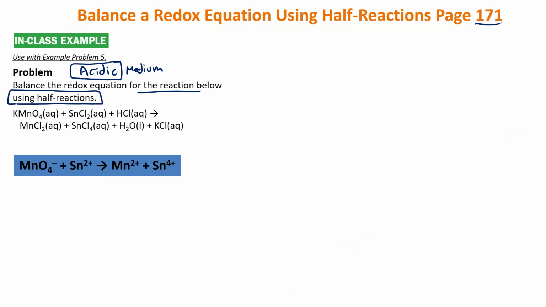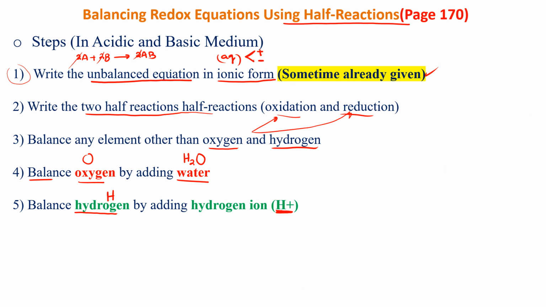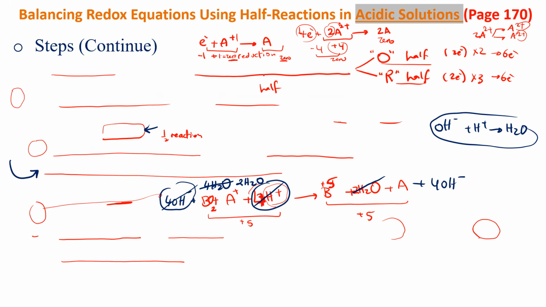so you have this equation here. Of course the first step was that we write this equation in unbalanced equation in ionic form. This will be already given to you, okay, like you will see in the book.